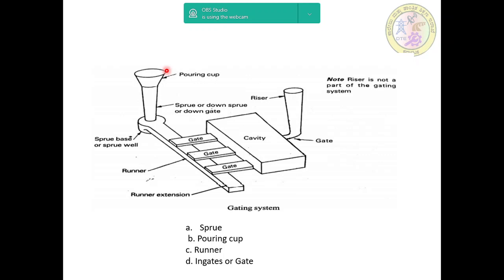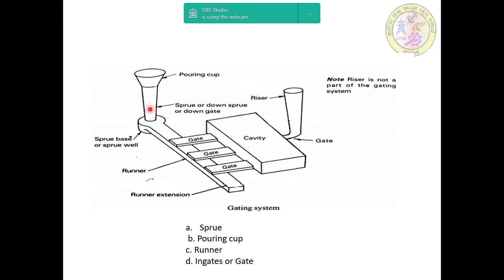Next one is the sprue. This portion is the sprue. A sprue is a vertical passageway through which the molten metal will enter the runner. It is also called a down gate or down sprue.